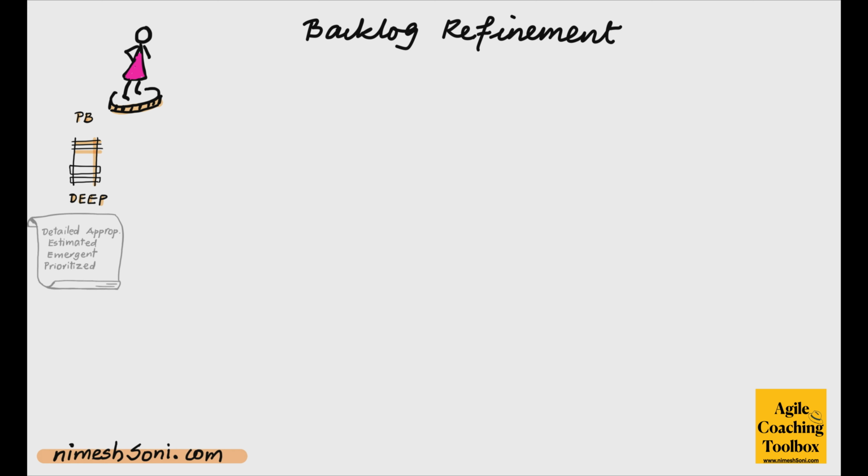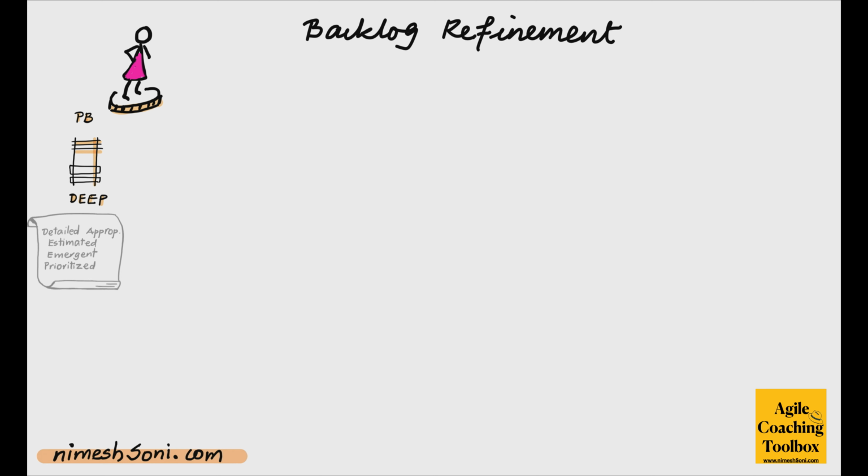By items at the top, I'm referring to the items with the top priority that bubble up to the top of the product backlog. If it is a high priority item, then we want to have slices which are thinner. Whereas items at the bottom can stay big chunks because we may or may not work on them, right? So the first dimension of a good product backlog is that it is detailed appropriately.